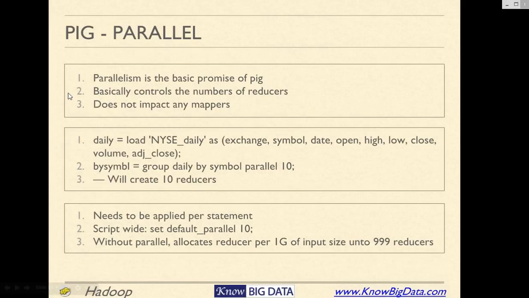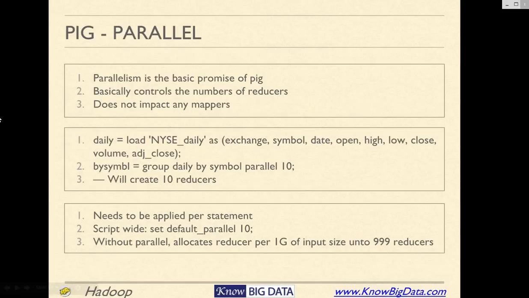So the basic promise of Pig is that it is parallel, right? We initially said in the first few slides that Pig executes your commands in parallel, right? So you can use the parallel keyword, and it will help you control the number of reducers, right? So Pig gives you controls to specify the number of reducers.